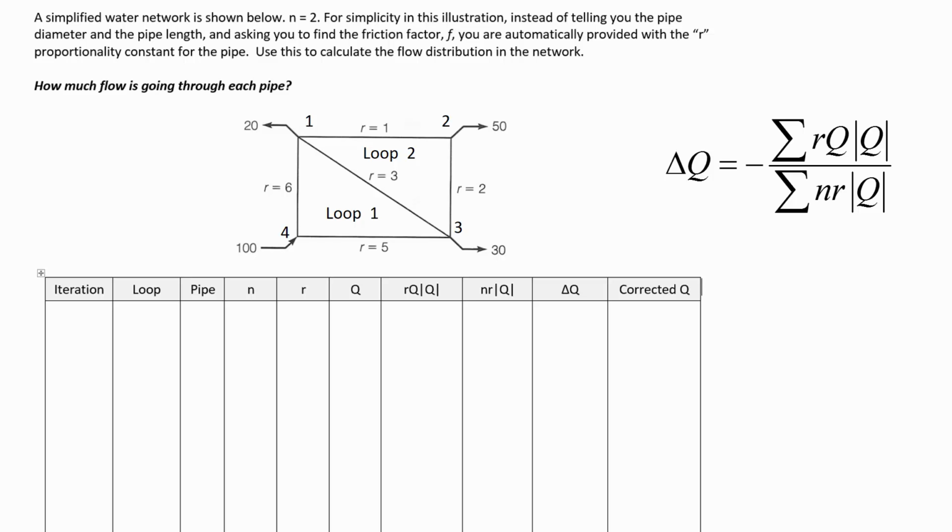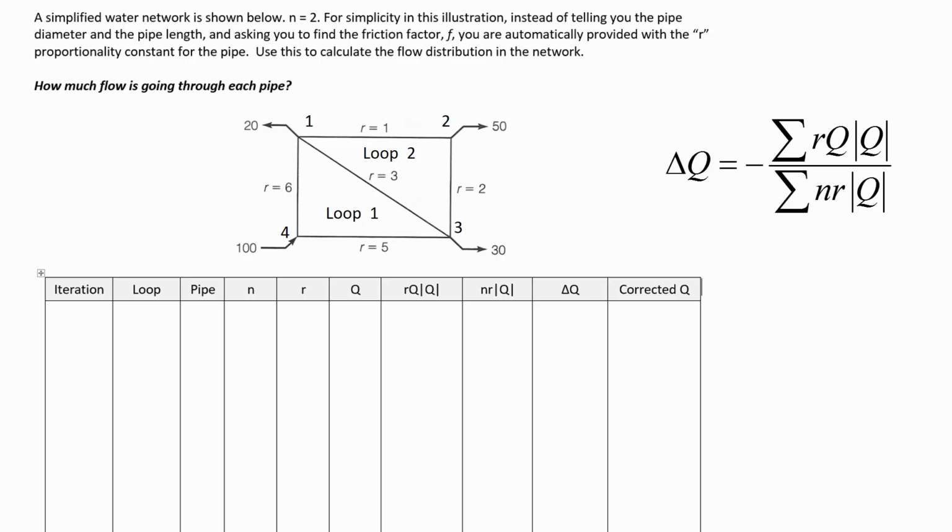Okay, so for pipe 1-3, the flow rate needs to be positive, because here it is, 25, and it's in the same direction as that clockwise. So the flow from 1 towards 3 is going in the clockwise direction. So that's a positive 25 for Q.